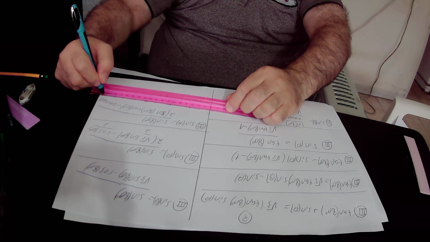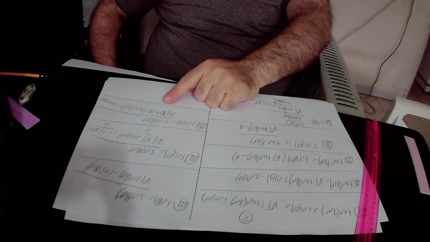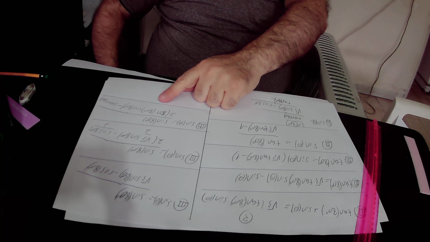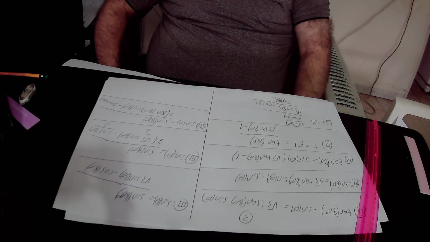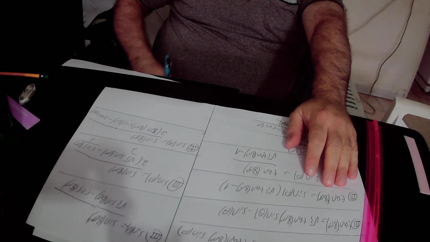And actually we have here sine 80 degrees times cosine 30 degrees minus sine 30 degrees times cosine 80 degrees.